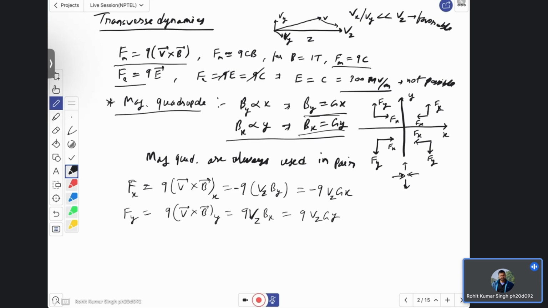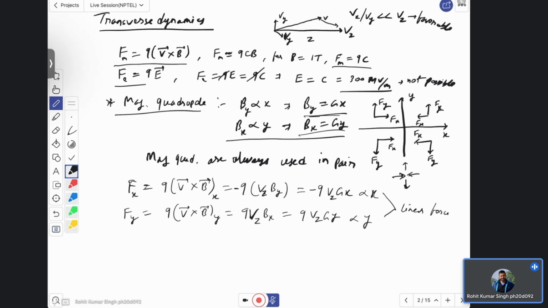So we see that both forces are proportional to position: Fx is proportional to x and Fy is proportional to y. So it is a linear force.